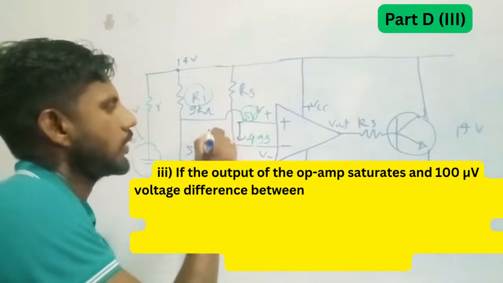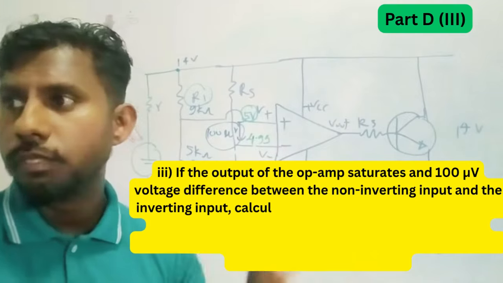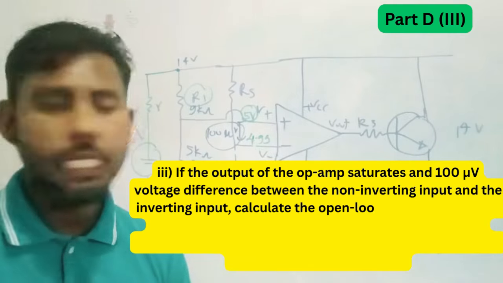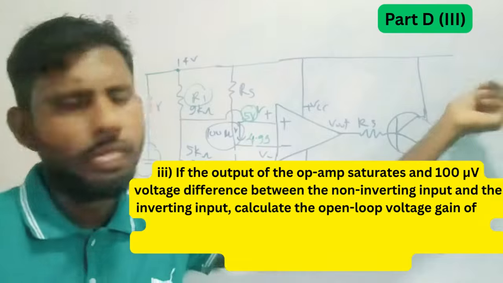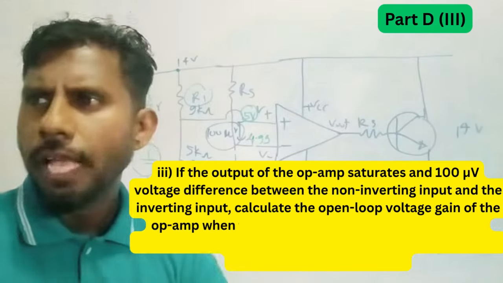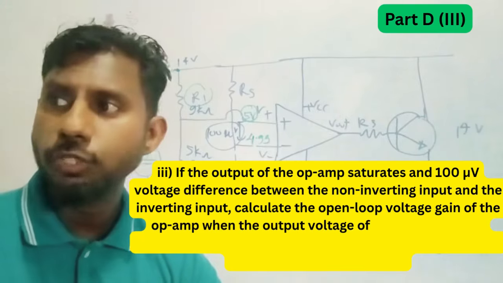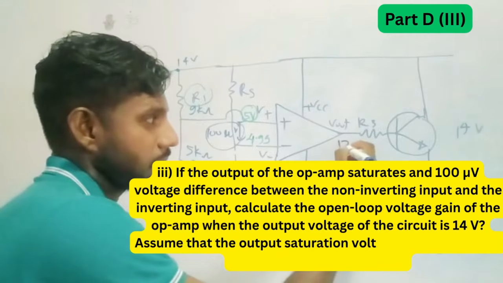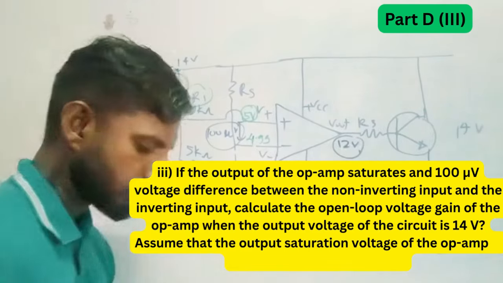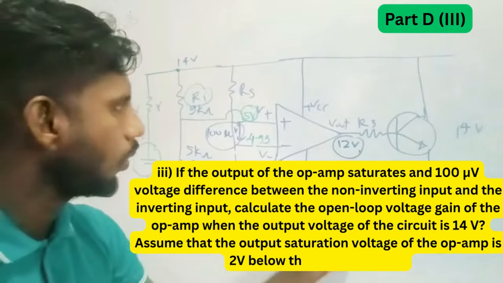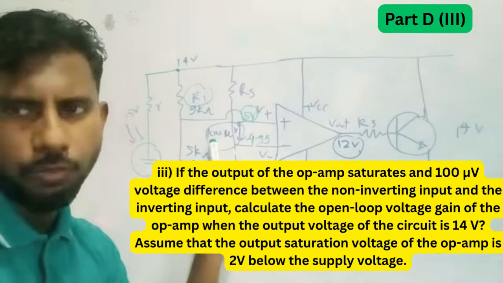When the output voltage of the circuit is 14 volt, here is 14. Assume that the output saturation voltage of the operational amplifier is 2 volt below the supply voltage. 2 volt below the supply voltage of 14, it's 12 volt. So here we have 12 volt, and input 100 microvolt.